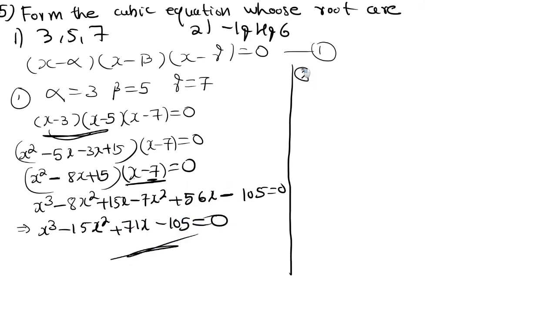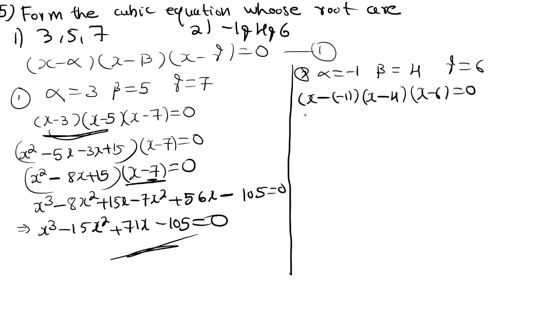Second question. Take alpha is equal to minus 1, beta value is equal to 4 and gamma value is equal to 6. Apply the formula. What is the formula? x minus alpha into x minus beta into x minus gamma is equal to 0. So you will get x minus minus 1 into x minus 4 into x minus 6 equal to 0. x plus 1 into x minus 4 into x minus 6 equal to 0.